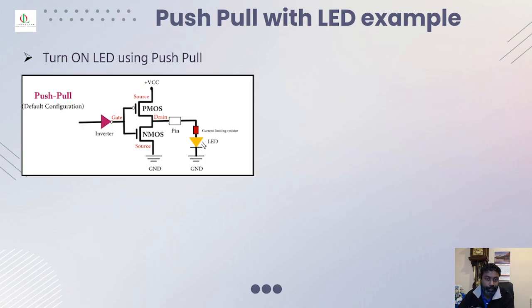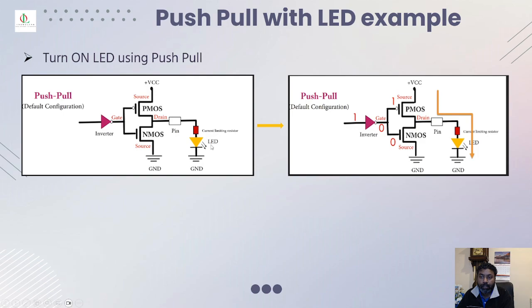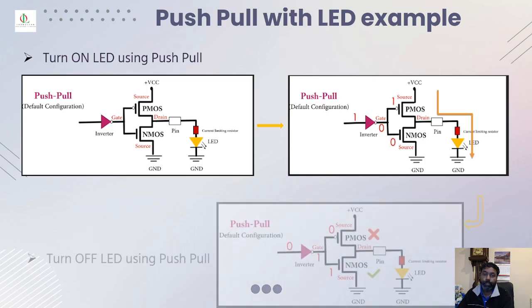So this resistor limits it and allows the required voltage so the LED can come on and stay on. So that's what is explained. The current limiting resistor: you send 1 through and the PMOS gets active, so it's coming through. If it is 5 volts, it's 5 volts, and this resistor will limit it and only allow what is required for the LED to be on.